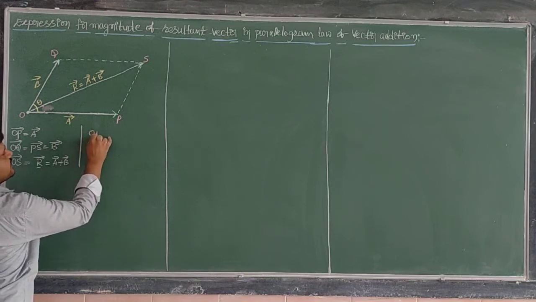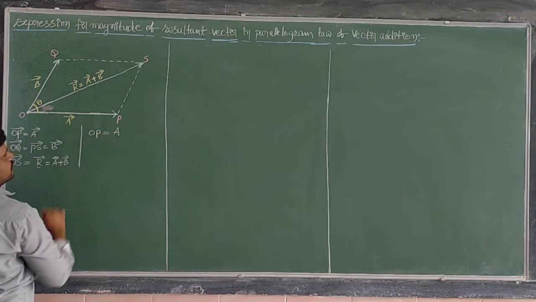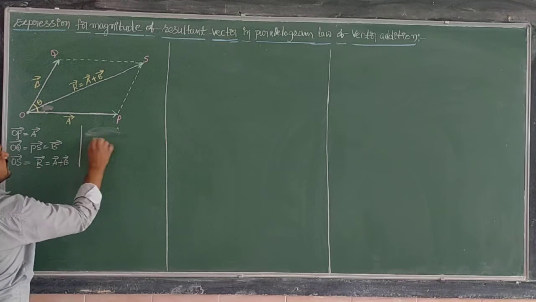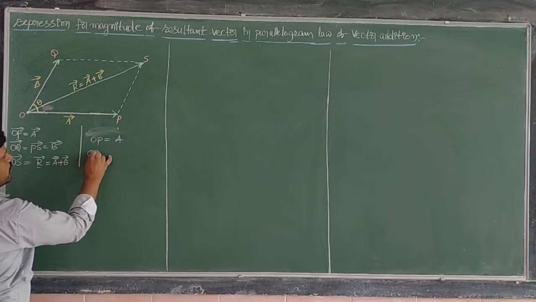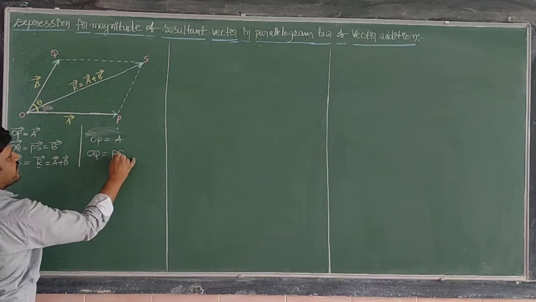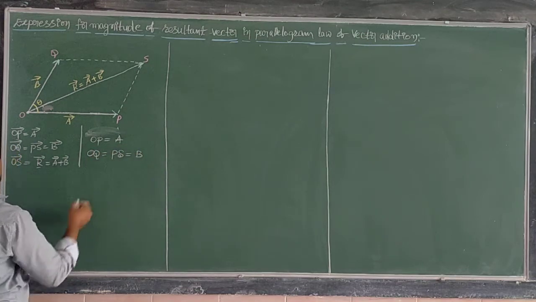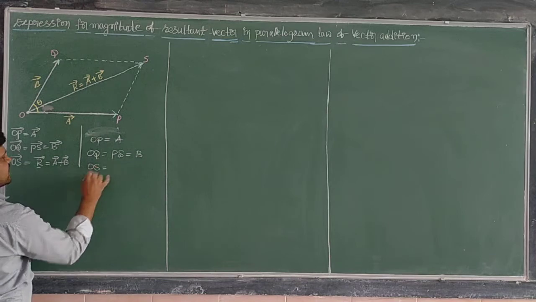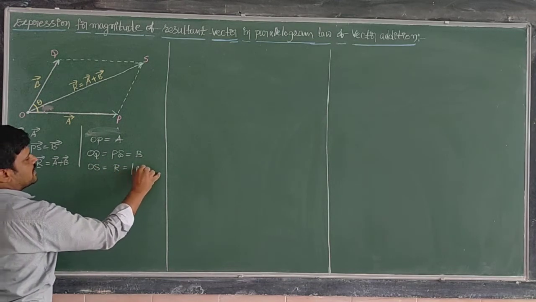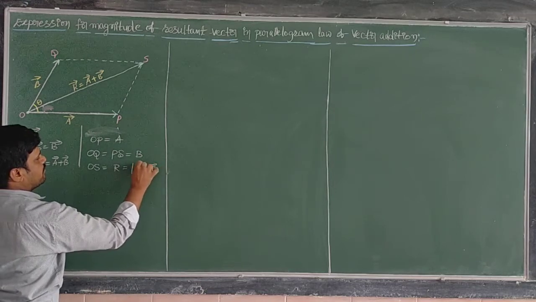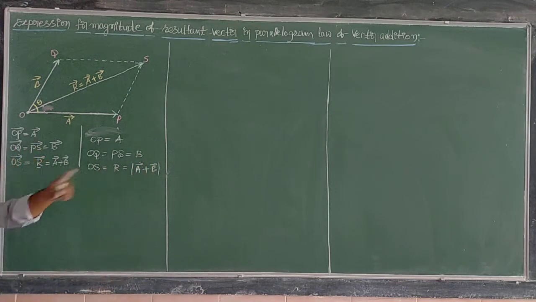OP is equal to A. Similarly, OQ is equal to PS is equal to B. OS is equal to R, otherwise modulus of A bar plus B bar, the magnitude of A bar plus B bar.